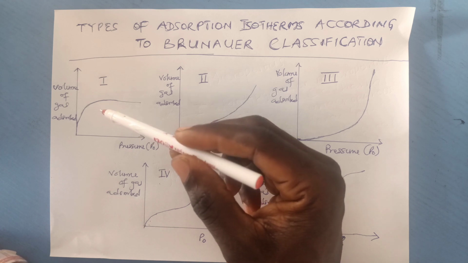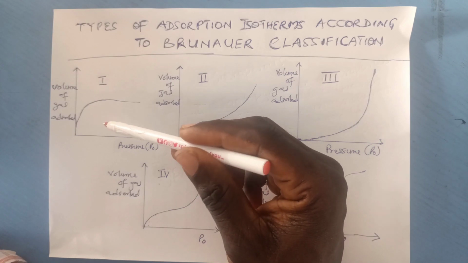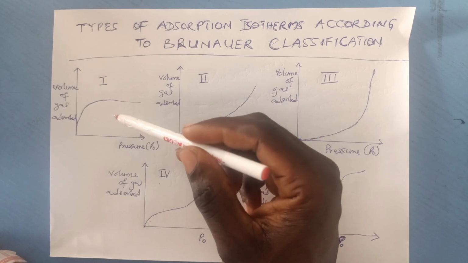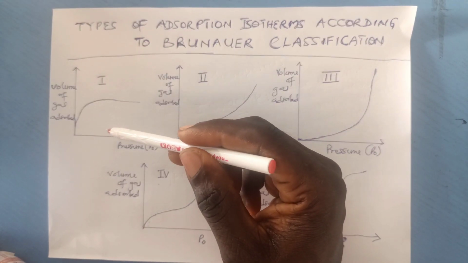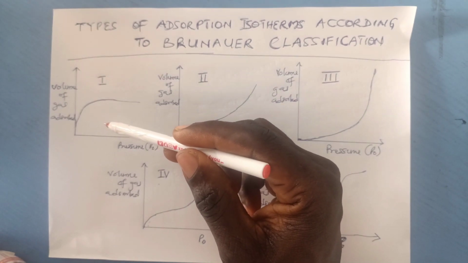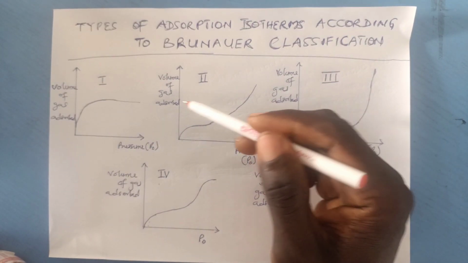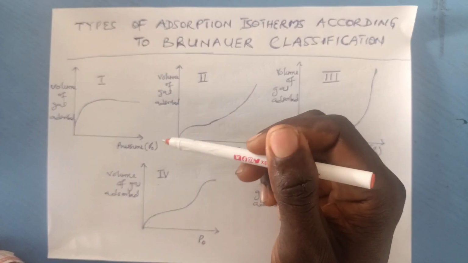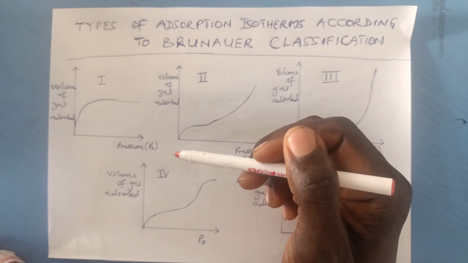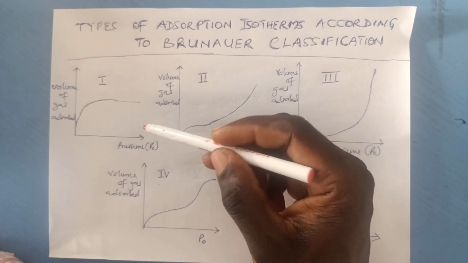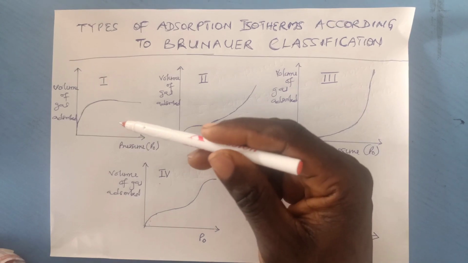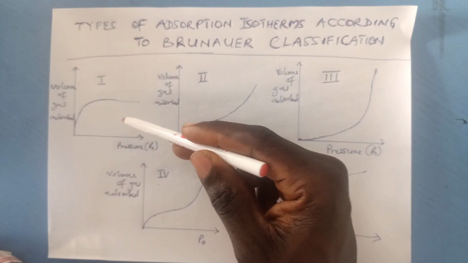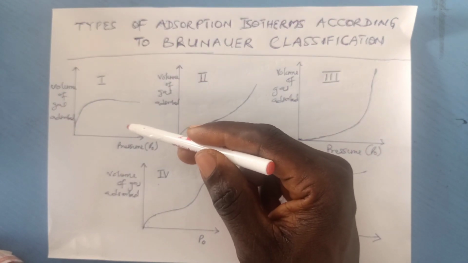That means the pore diameter of the adsorbent used in this type of adsorption isotherm will be of microporous size. I will be coming to that later. An example is adsorption of a gas, for example hydrogen and nitrogen gas, on activated carbon. Most times, activated carbon of this micropore size can go for this adsorption isotherm 1.